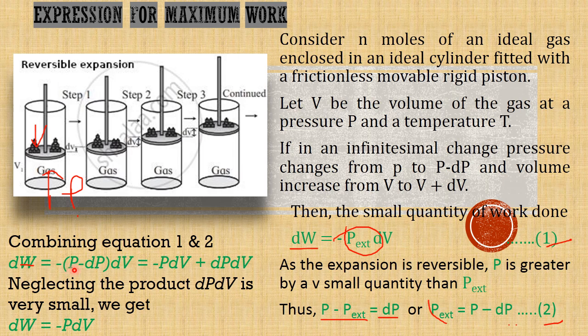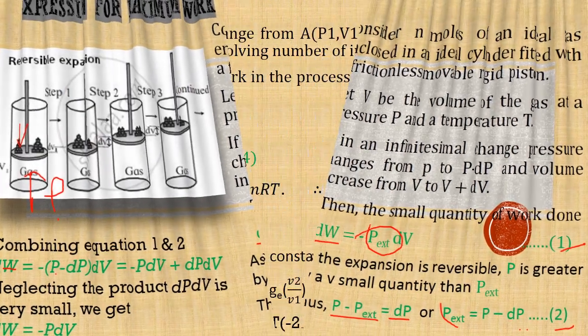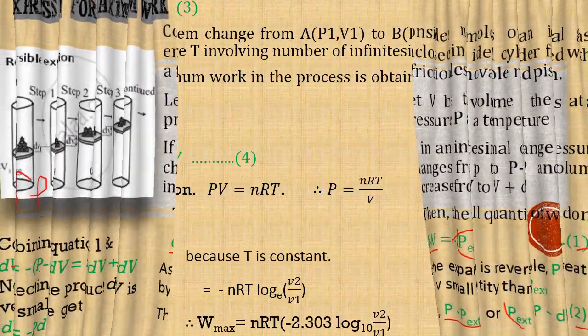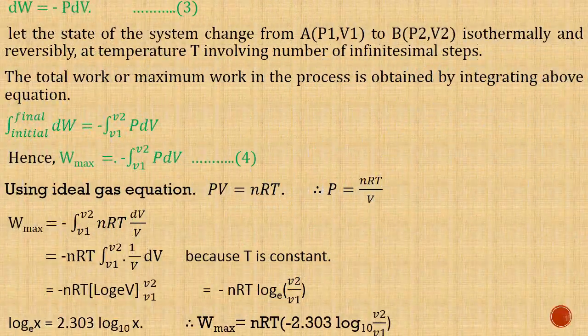Solve this: P dV plus dP dV. Neglecting the product dP dV, which is very small, we get dW is equal to minus P dV. You have a clear idea about dW is equal to minus P dV. This is equation number 3.